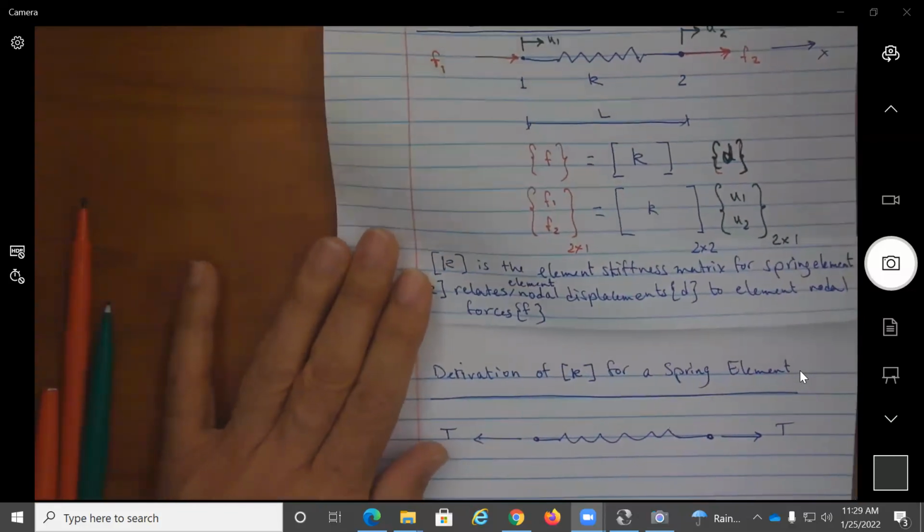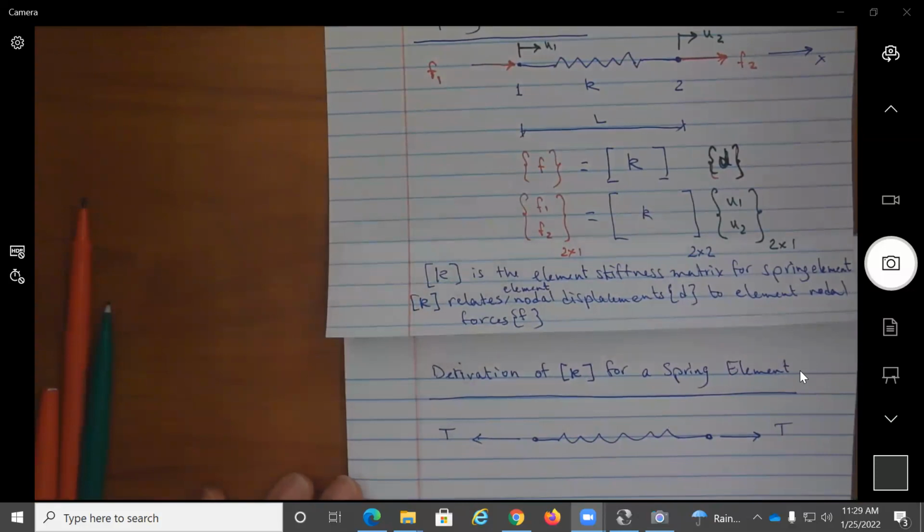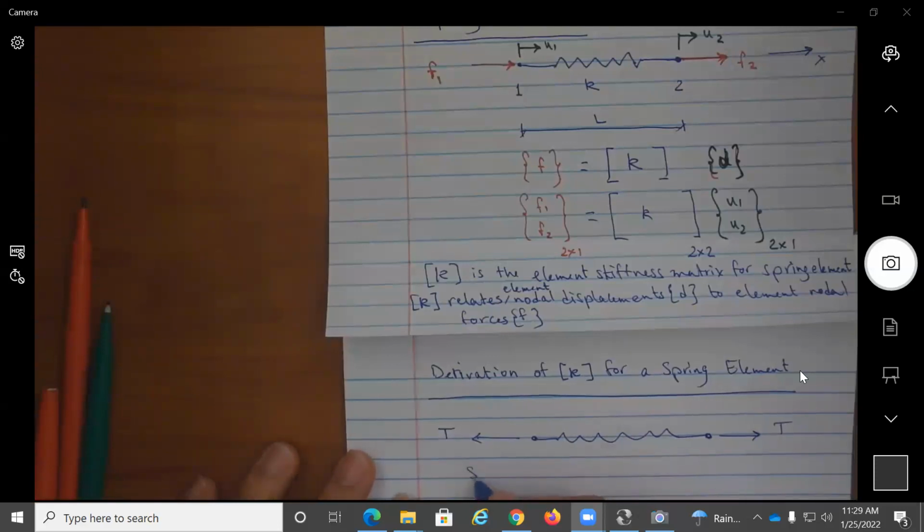Now, as a result of loading the spring in tension, we are going to get an elongation, right? So the spring is loaded in tension.